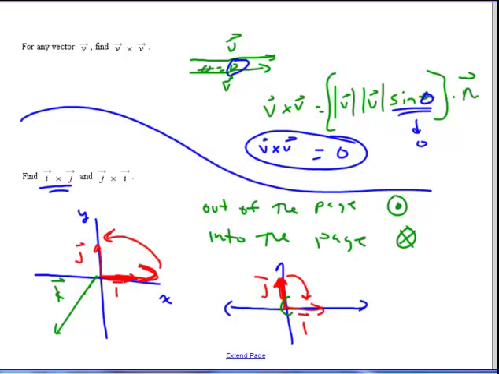So your thumb represents the vector j cross i. So we have j cross i equals negative k, whereas i cross j equals k. So clearly order matters.